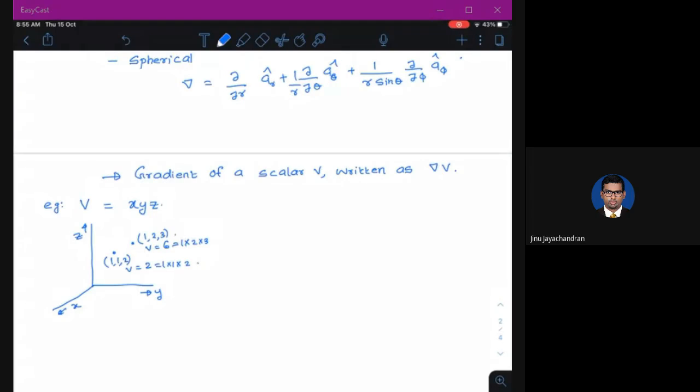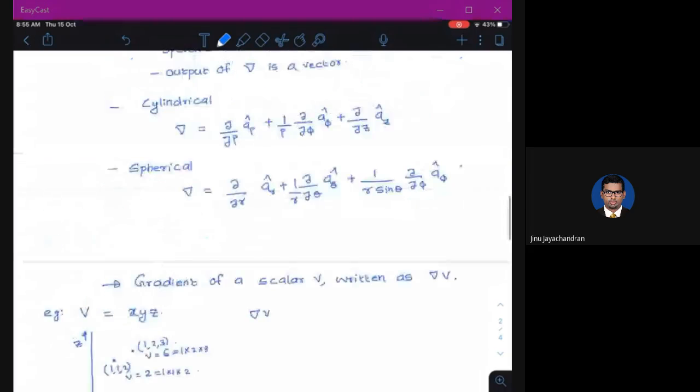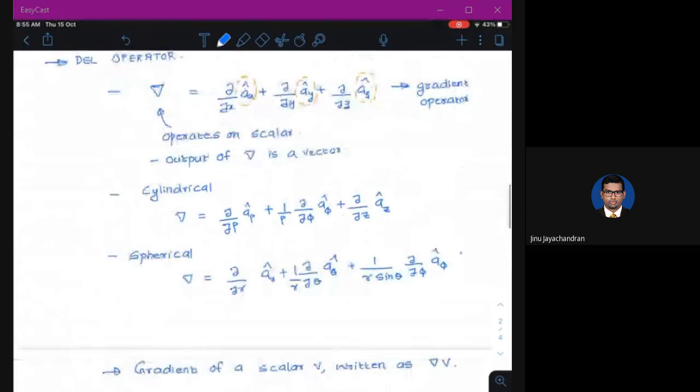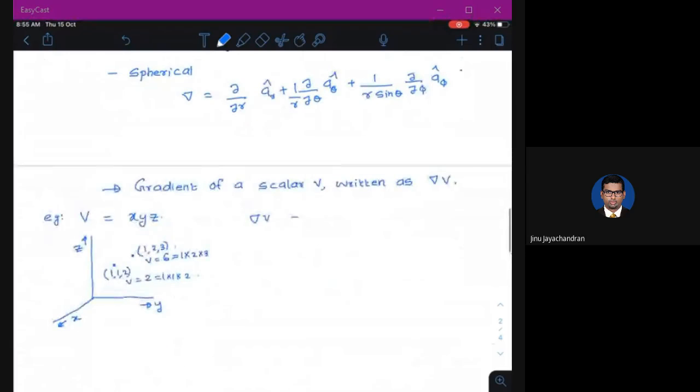Now, when you do del v, what is the explanation? It is dou by dou x ax cap. So this is equal to dou by dou x of v ax cap plus dou by dou y of v ay cap plus dou by dou z of v az cap.